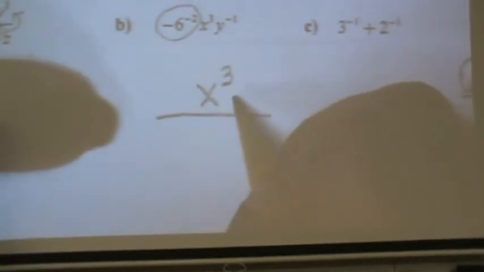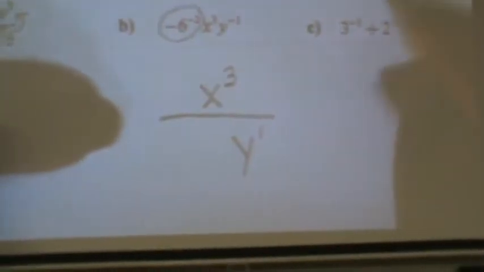So for this one, negative 6 to the negative 2 power, x to the 3rd, and y to the negative 1. We're going to have to move some things around. What's going to be moved and what stays? X to the 3rd is the only one that stays. What happens to the y? It moves down. Doesn't it turn positive? And what about this negative 6 to the negative 2?